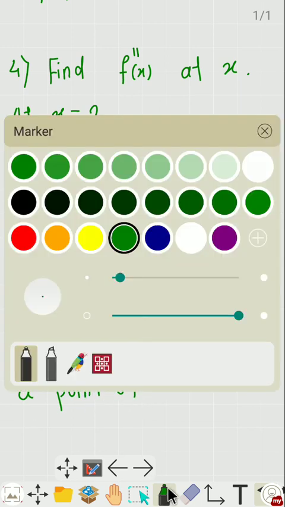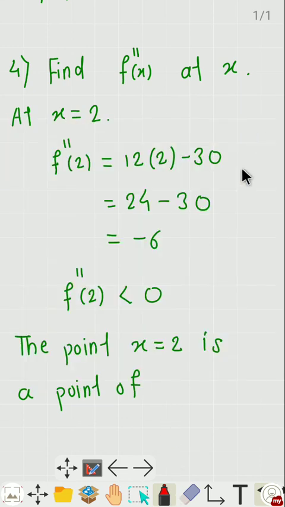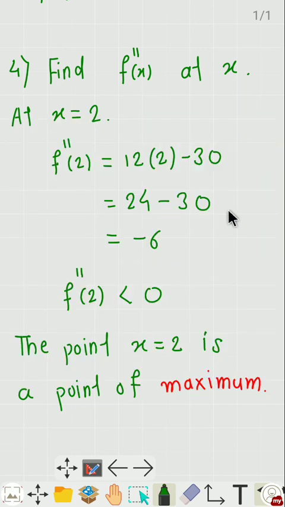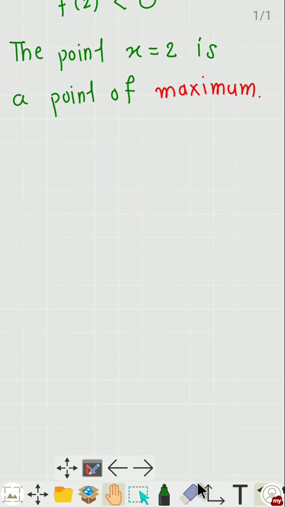I will change the color to write that word. Okay, it is the point of maximum.